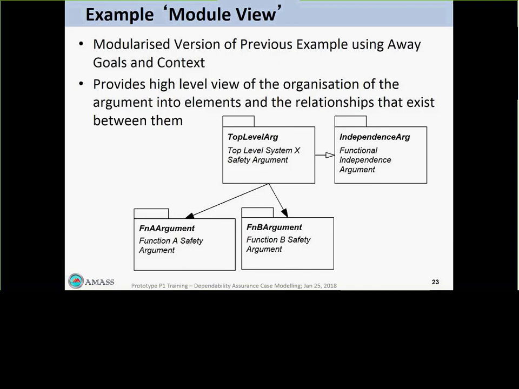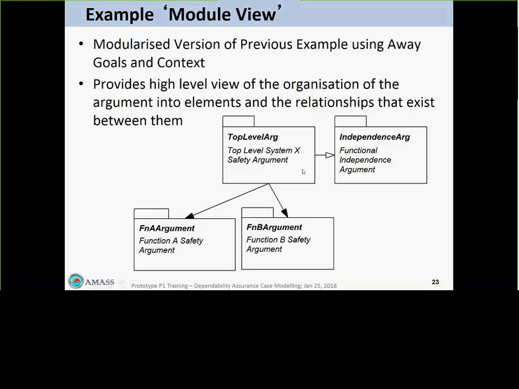Sometimes we say, well, let's see a module view. It's a way to show the architecture from a high level. We can show the high-level view of how we organize all of our elements and their relationships.